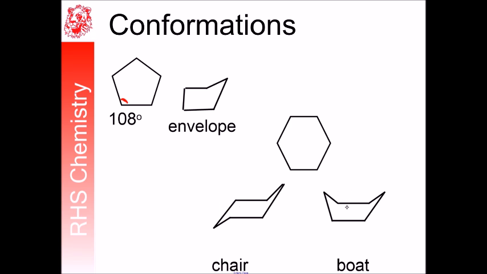It looks more like perhaps a canoe, where you could be sailing the 7 seas. It turns out of the 2 of these, the chair conformation is generally more stable than the boat conformation. In order to switch between the 2, all I have to do is take this bottom piece and let it fold up. And this happens fairly often.